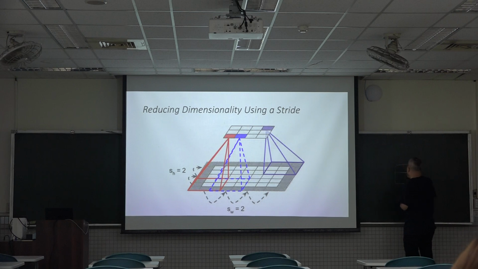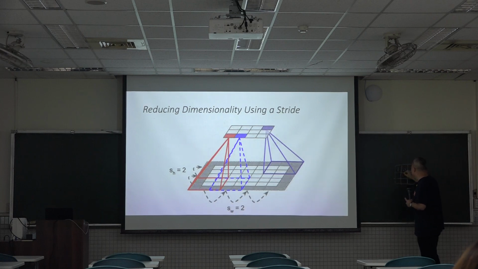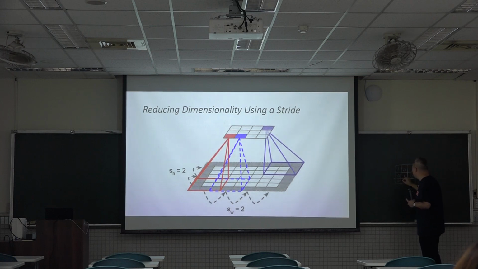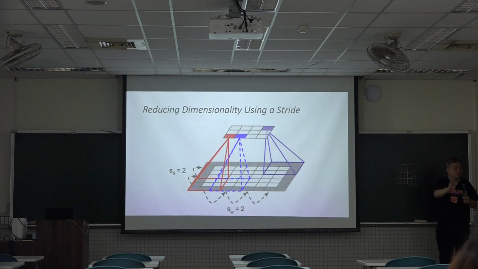So for example, 1 0 0 0 1 0 0 0 1. This is one possible filter. I'm not saying this is the only filter.